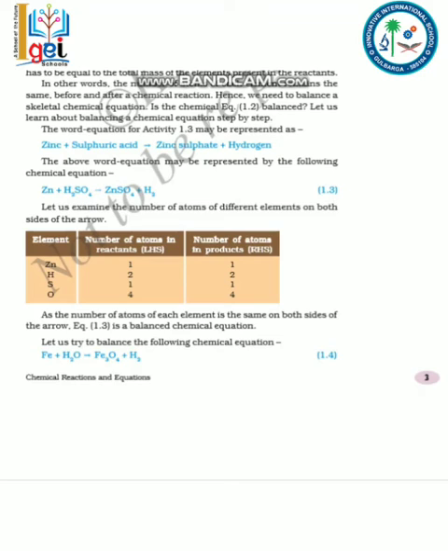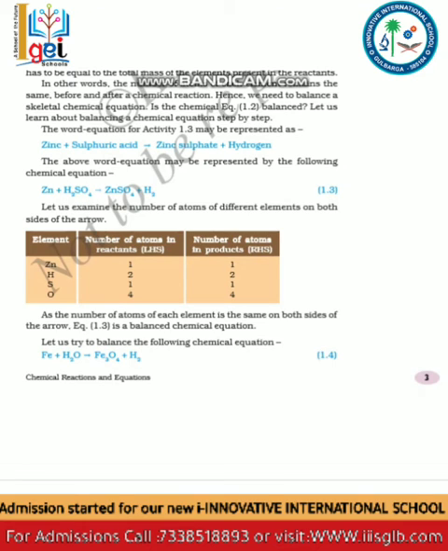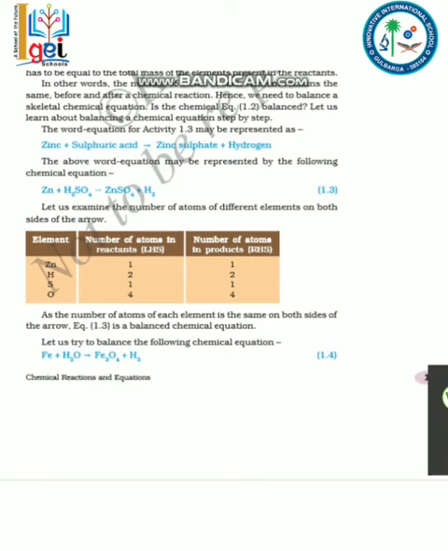If you compare the columns of number of atoms in reactants and number of atoms in products, you conclude that they are equal. So the equation zinc plus sulfuric acid gives rise to zinc sulfate plus hydrogen is a balanced chemical equation. Got the point? Understood? Any doubt?